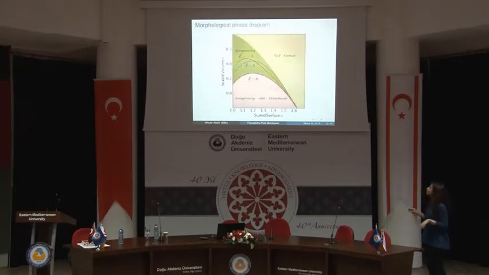I'm not going to talk about the result, but this is the morphological phase diagram that we have achieved. And then I'm going to show you a simple animation in this area. This is the morphological phase diagram, reduced volume versus the scaled area.